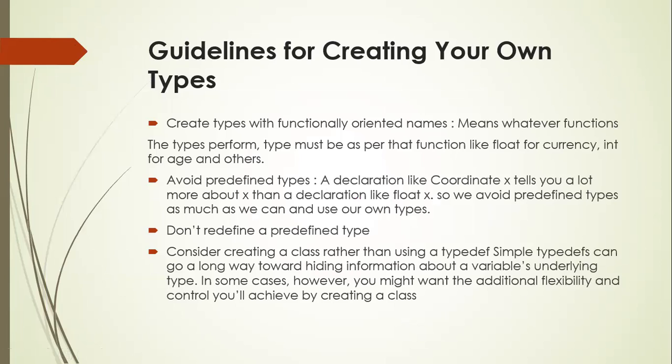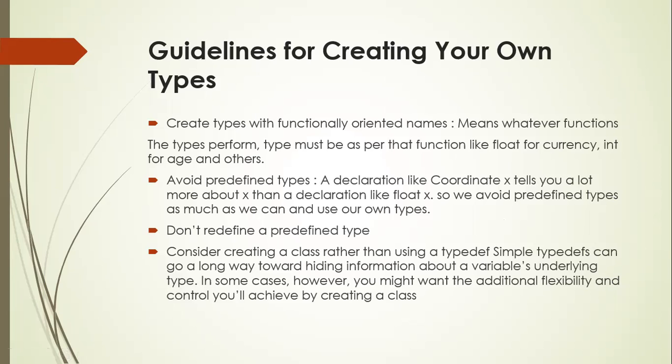So here are some guidelines for creating our own types. The first one is to create types with functionally oriented names. Whatever function a type performs, the type must be named as per that function, like float for currency, integer for age, and others.